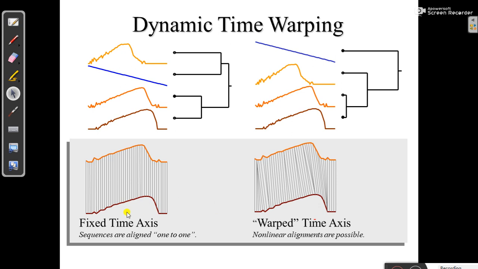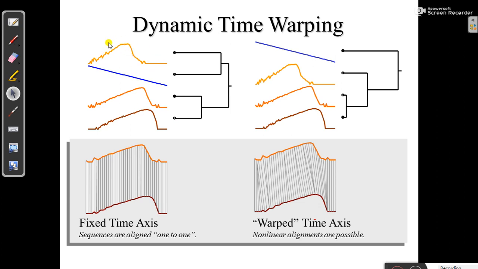Here you can see fixed time axis and warped time axis. Nonlinear alignments are possible with warping, but in a fixed time axis, sequences are aligned one to one. In the case of the fixed time axis, these two are similar, but these two are not similar to this one.